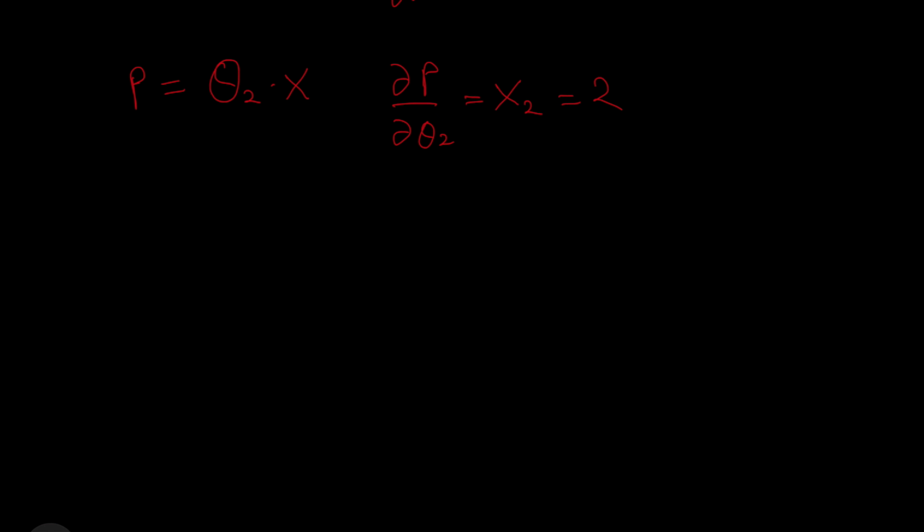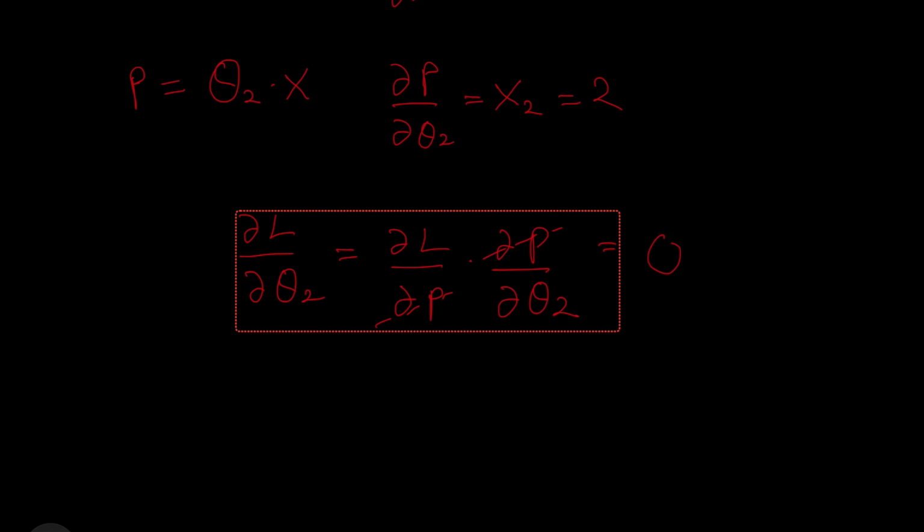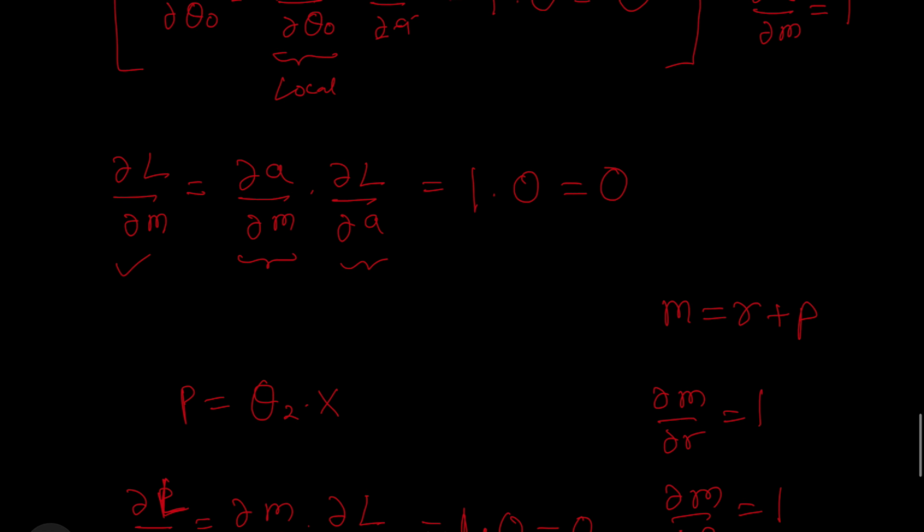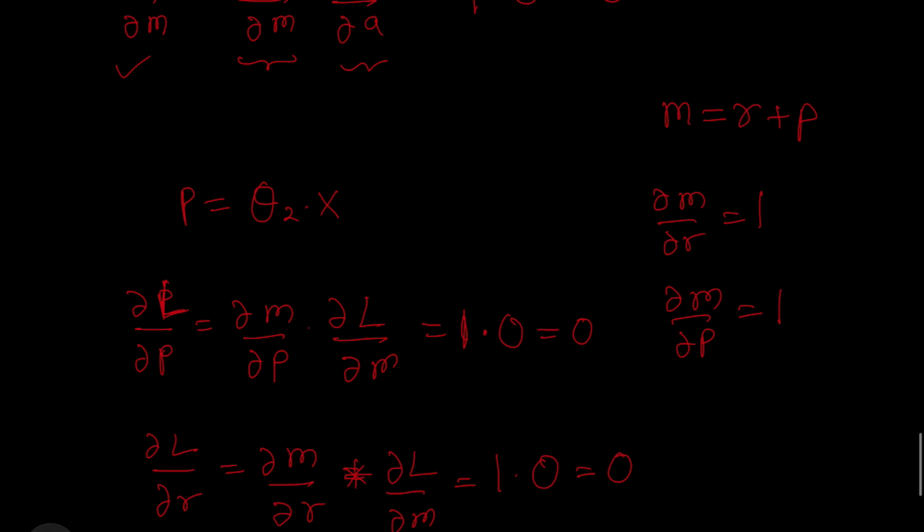So now we have the local gradient. Now you can calculate the global gradient. That means you already have the global gradient. So del L over del theta 2 would be del L over del P times del P over del theta 2. So this is like chain rule. Del L over del P was 0 times 2. This is again 0. And similarly you can also calculate this for theta 1.